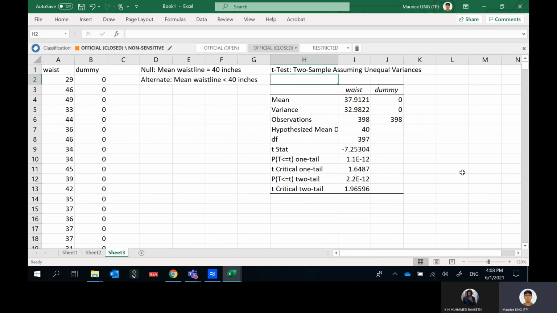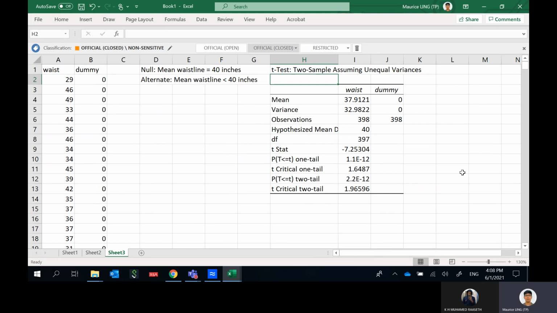Why do you accept? What is 0.05? 2.1. What does E minus 12 mean?